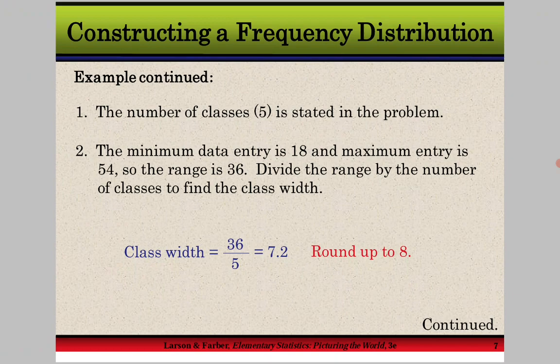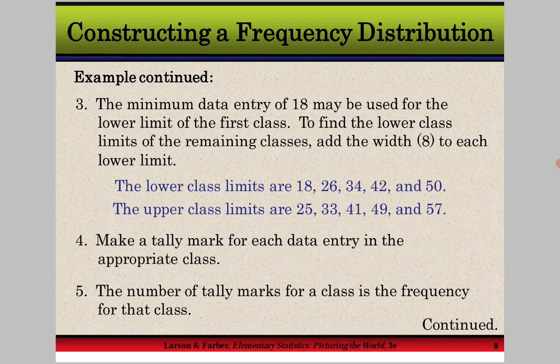So 18 plus the width 8 is 26, plus 8 is 34, and so on. The lower class limits are 18, 26, 34, 42 and 50.